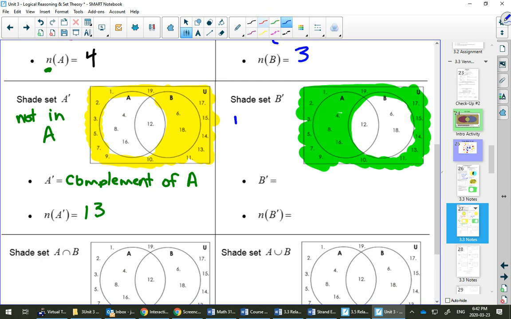So again, I would describe those as not in B, or the complement of B. Notice complement is spelled with an E, not an I. And so the number of elements not in B would be 16.